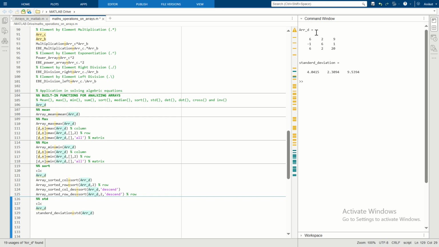Yeah, so this is ARRD, and we got the standard deviation column wise. I think this is column wise because the default is column.